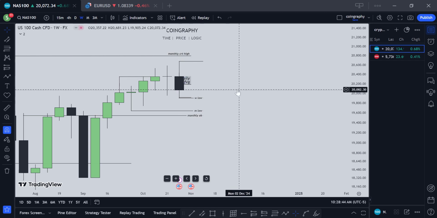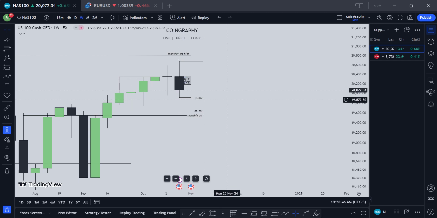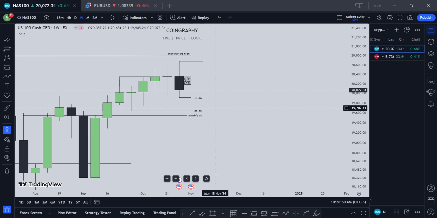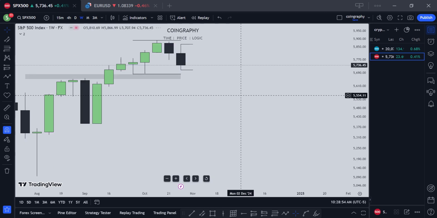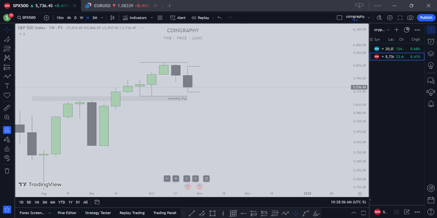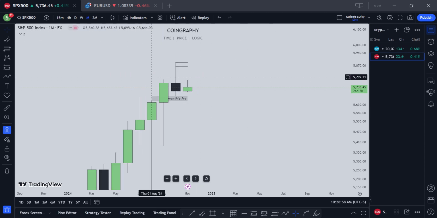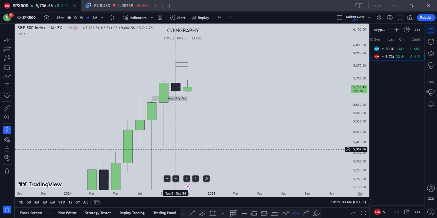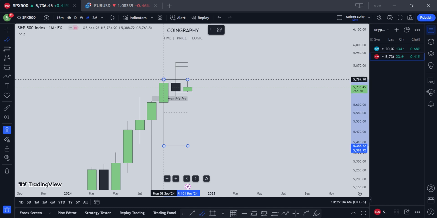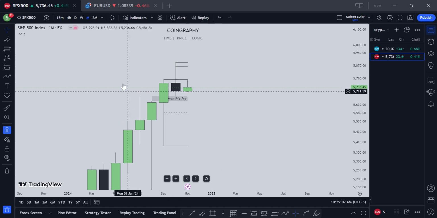So we have this range, and I am expecting price to move lower to take this low as our draw on liquidity. And if you look at SPX 500 on the monthly time frame, we closed below this. So we are targeting the low or the 50% of this range right here.